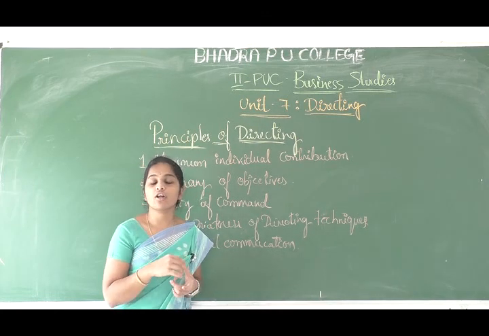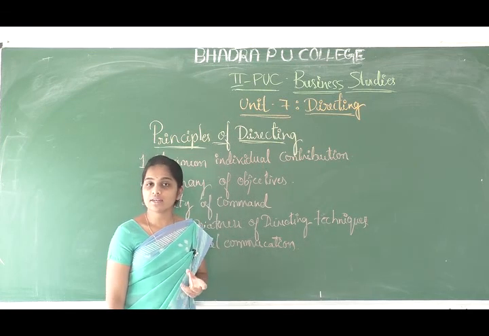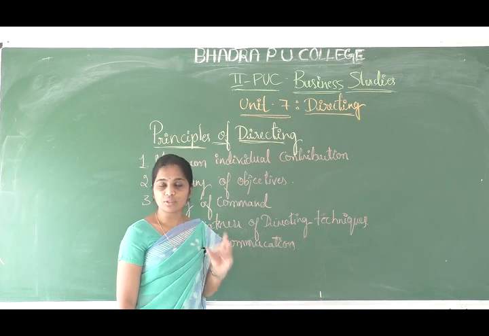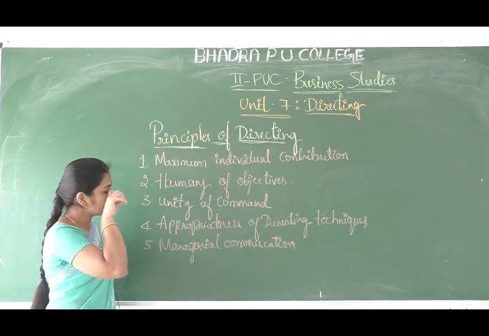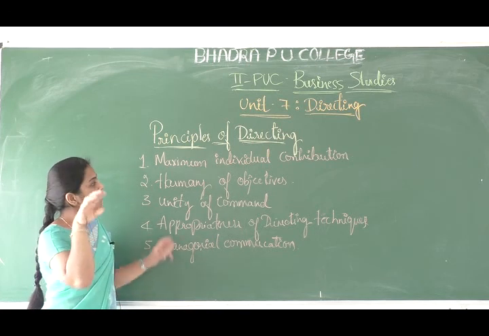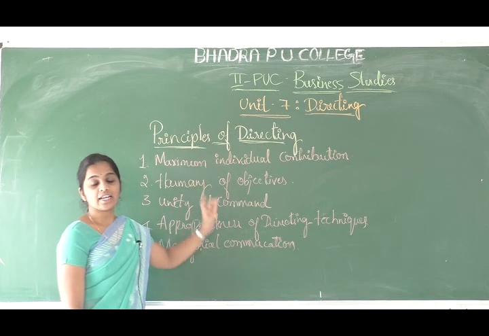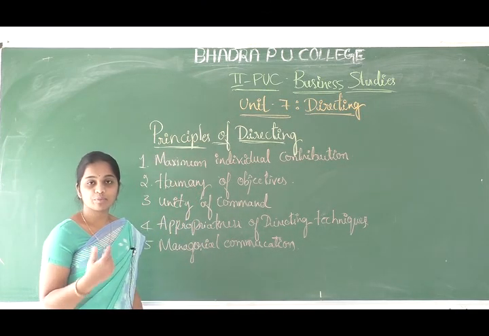So by taking feedback, it becomes known whether the subordinates have understood this concept correctly or not. So this is another principle of directing, or else we can say it is another rule or guideline for the manager for the directing process.